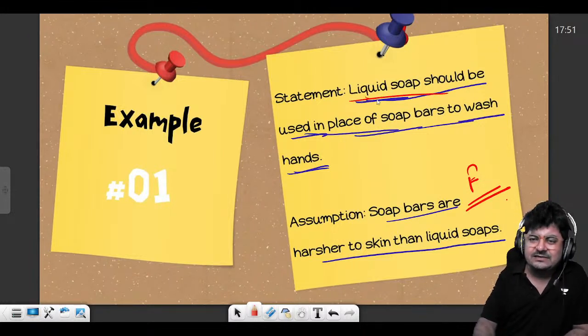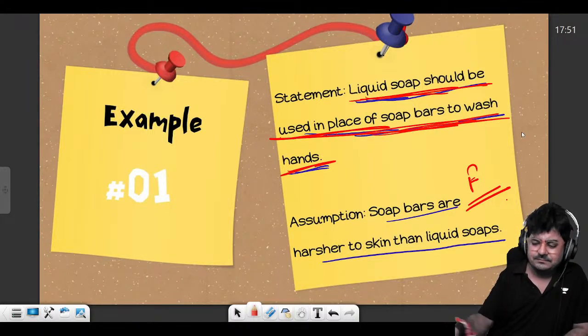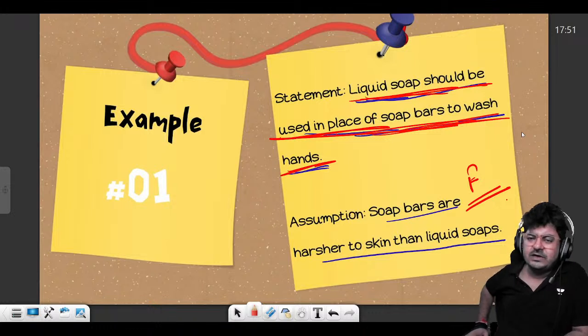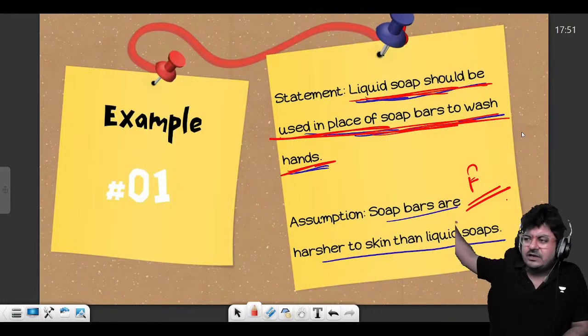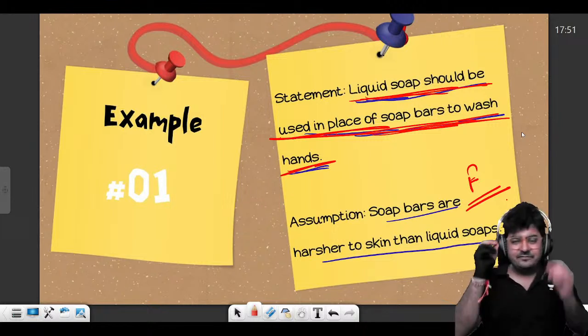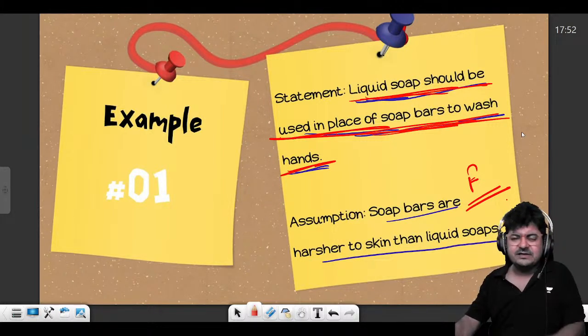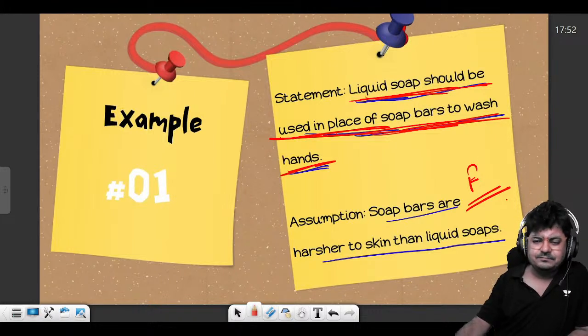In this statement, let's see, anywhere is it written that soap bars are harsh to the skin? Forget about the reality. Come to this example. In the given statement, is it written anywhere that soap bars are harsh for the skin? No, it is not.